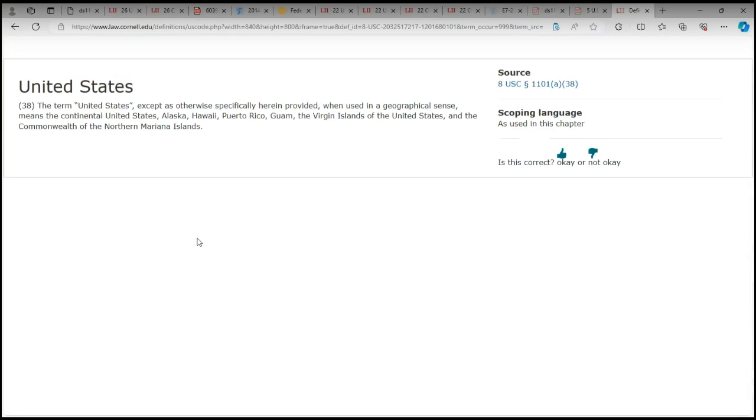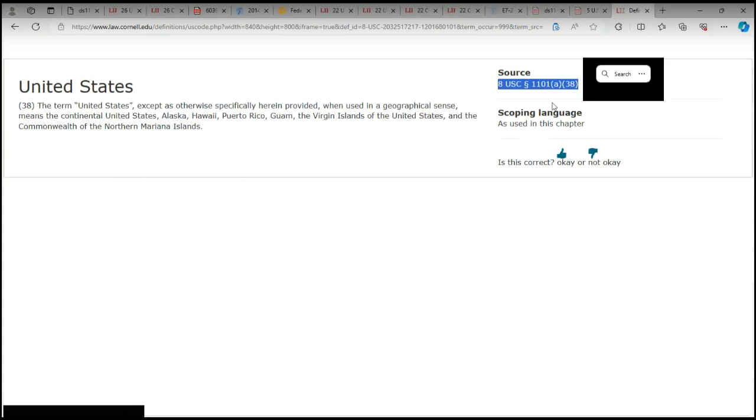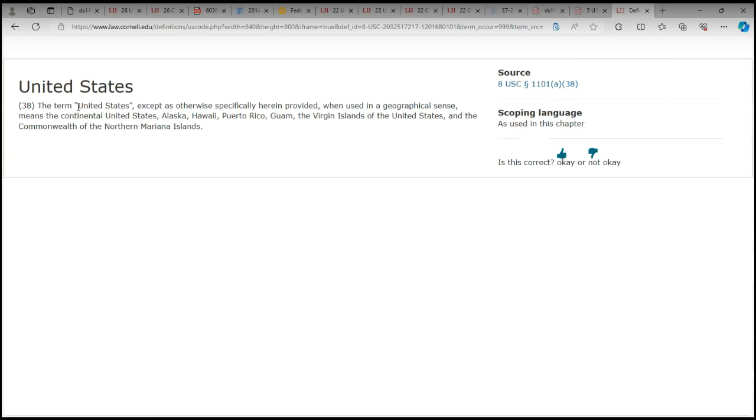So let's see what United States means, even under Title 8. This definition for United States means the American Empire. This is the true definition because I went to look it up. Even though I'm using this hyperlink and I don't like using hyperlinks, I at least check them after, and I will use them after I go research it myself.